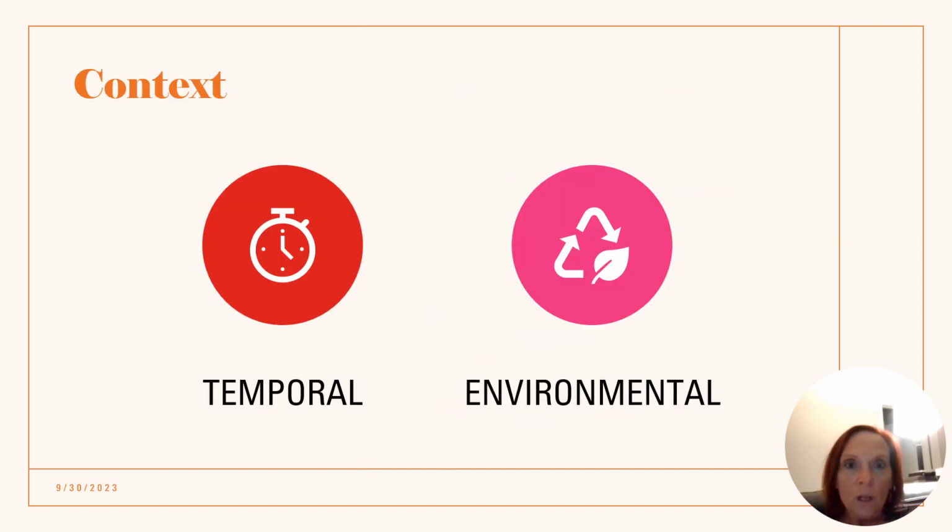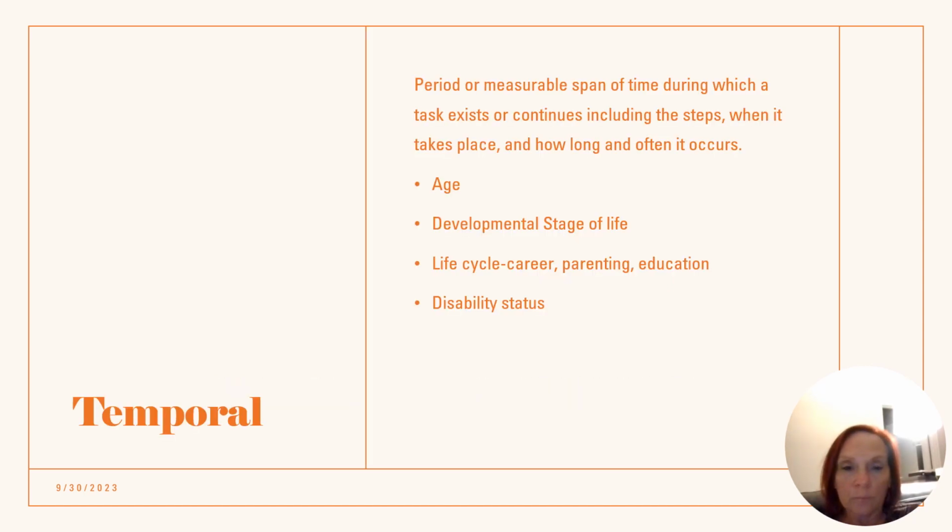Next, you have a temporal and environmental context. Temporal meaning time, can be by age, it could be stage of life, life cycle, such as parenting, education, career, that can be across the life cycle.